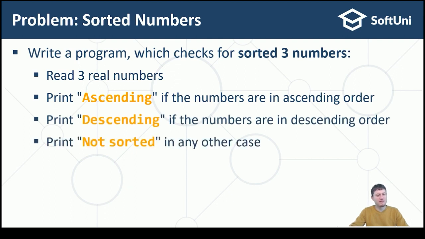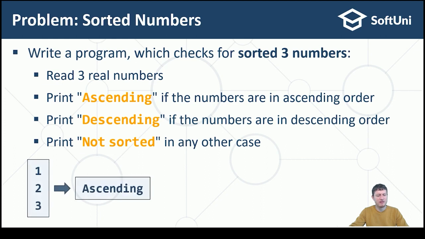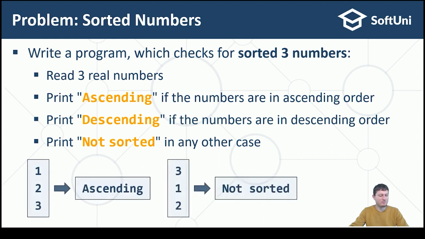We print descending if the numbers are in descending order, and not sorted in any other case. So 1, 2, 3 is ascending and 3, 1, 2 is not sorted. 1, 1, 2 is also ascending.